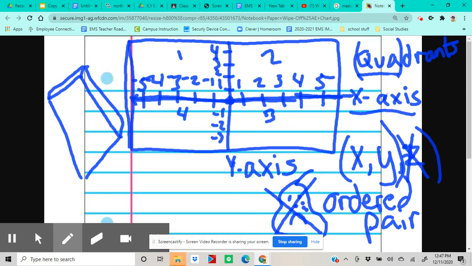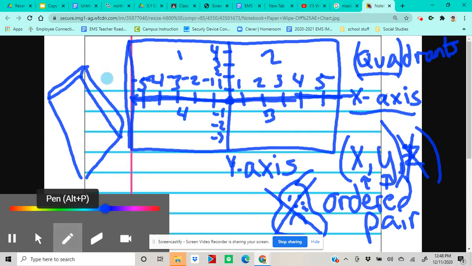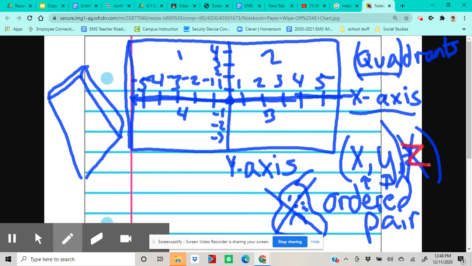I'm actually a big fan of pears, but that's another story. So our ordered pair is in order alphabetically, X and then Y. Again, as you get older, you can enjoy adding the Z axis, which will give you depth. But again, we are not.